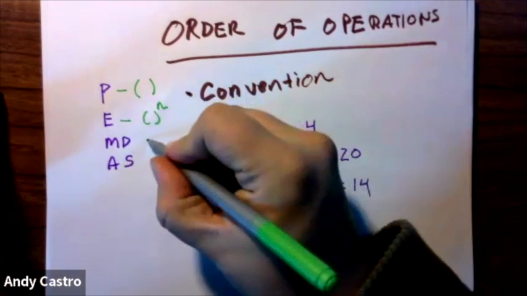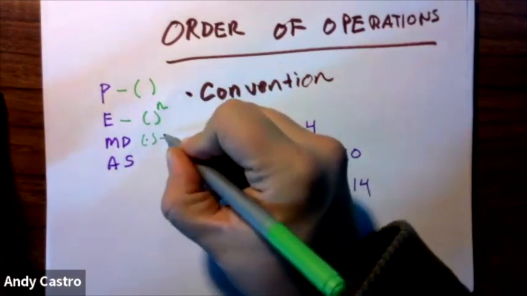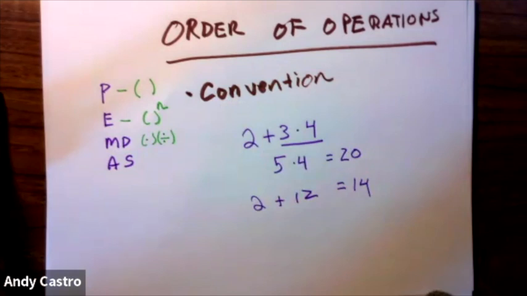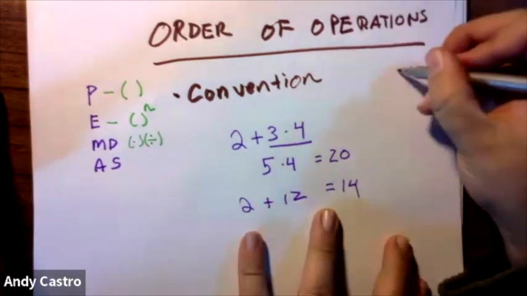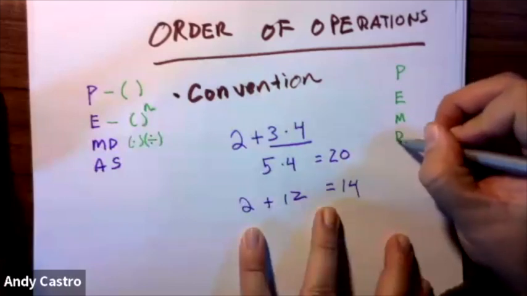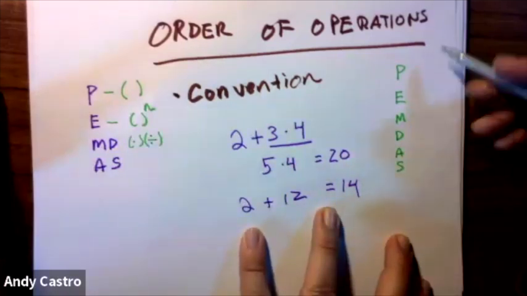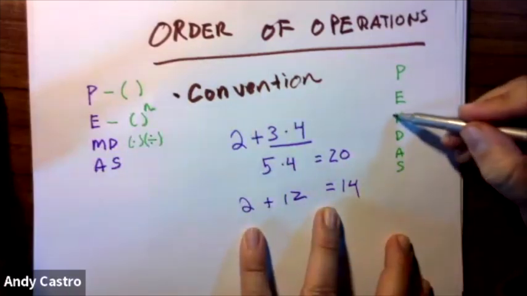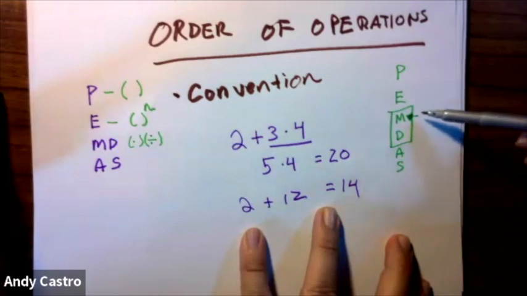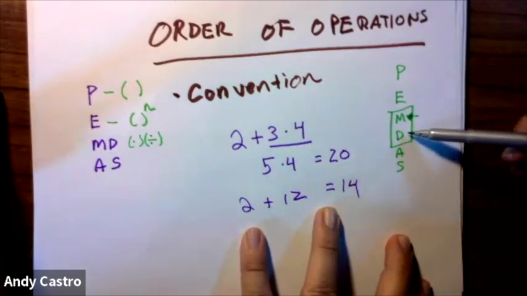Next, you do all of the multiplication and division left to right. Now, sometimes order of operations is taught this way, and this is incorrect because it gives you the idea that you're supposed to do multiplication first before division.